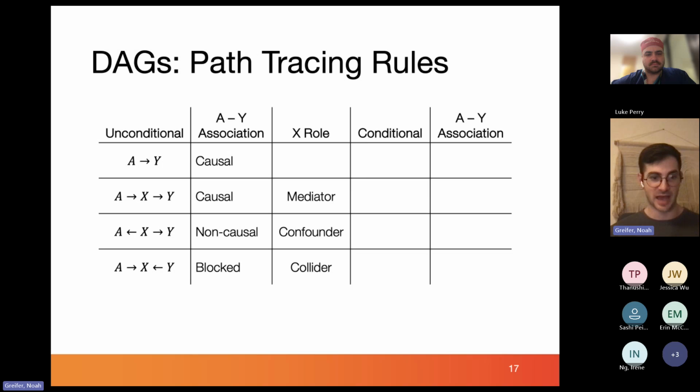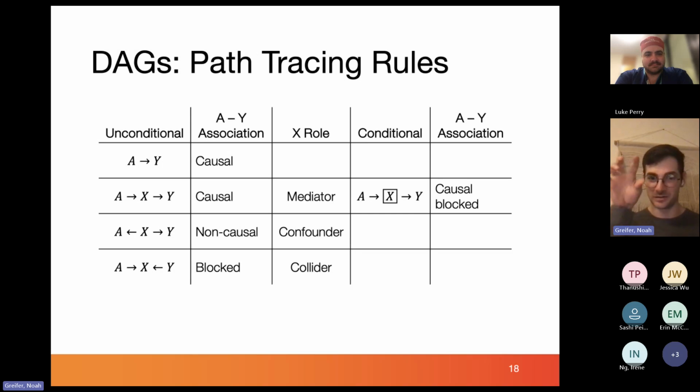There are also associations that can emerge when you condition on variables. So if we condition on a mediator, which is to say we look at this association within a subgroup defined by the mediator, then the association between A and Y is blocked. We block the causal association between A and Y. I think a classic funny example is to say that there is no association between smoking and death if you only look at patients with lung cancer or emphysema, because those are the main ways that smoking causes death.